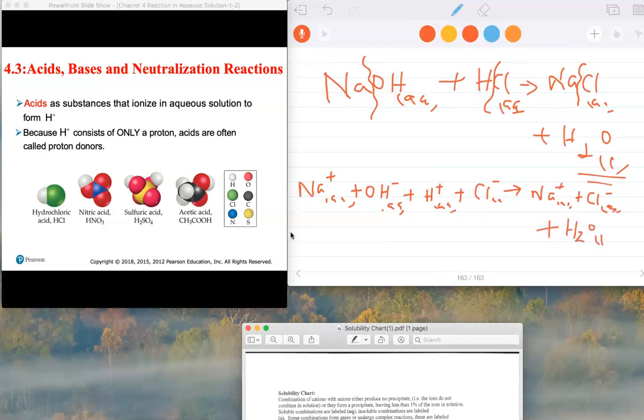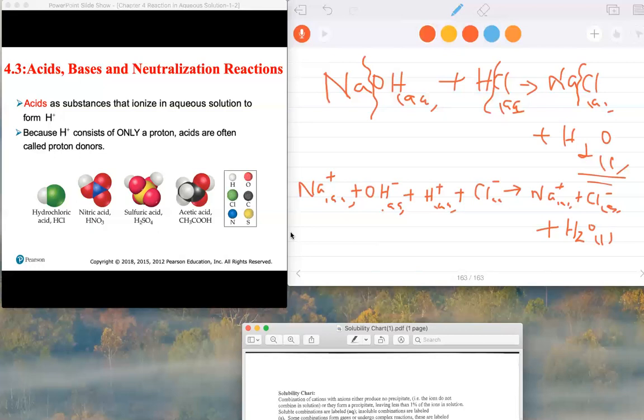This is liquid. You don't split the liquid phase, the gaseous phase, and the solid phase in the molecular equation.